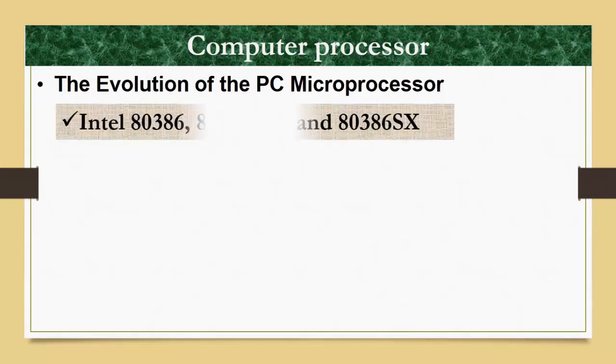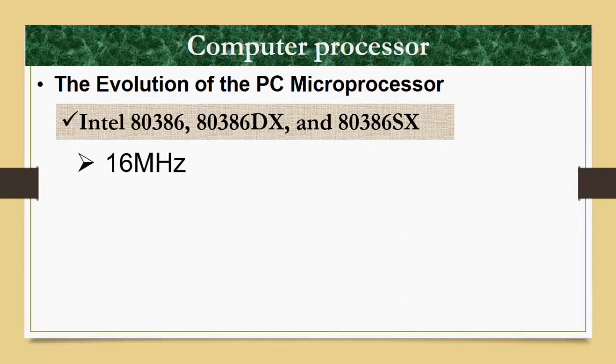Okay, students, here is the Intel 80386, 80386DX and 80386SX. Intel released the 16 megahertz 80386, commonly called the 386, in 1985.